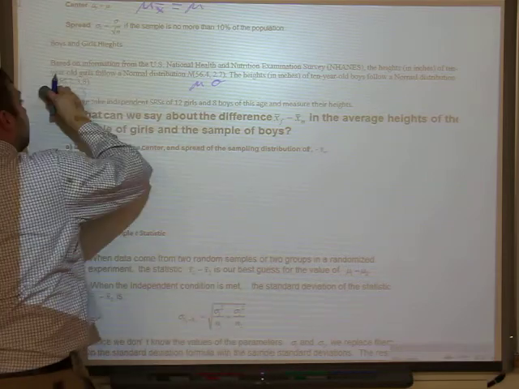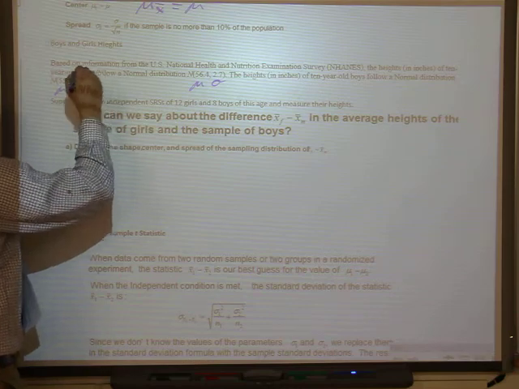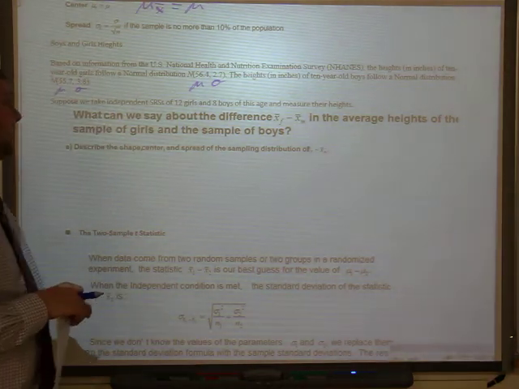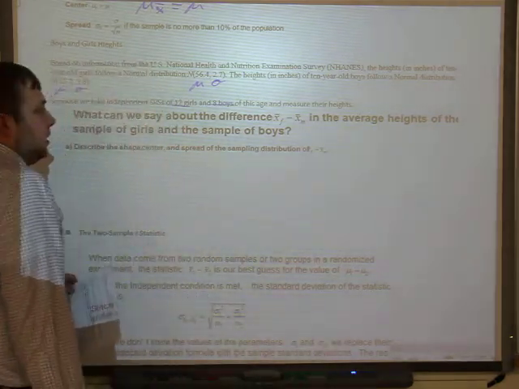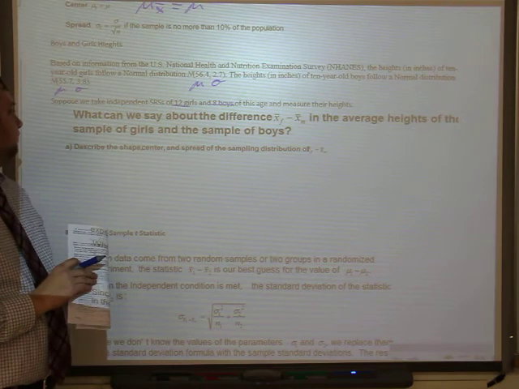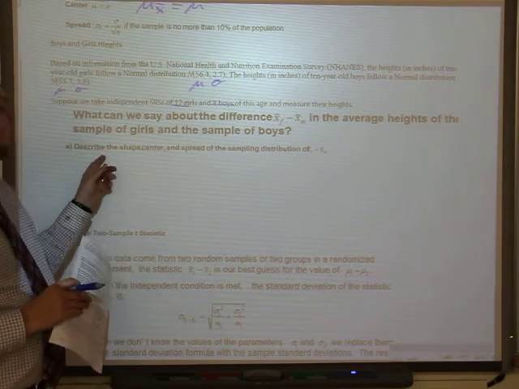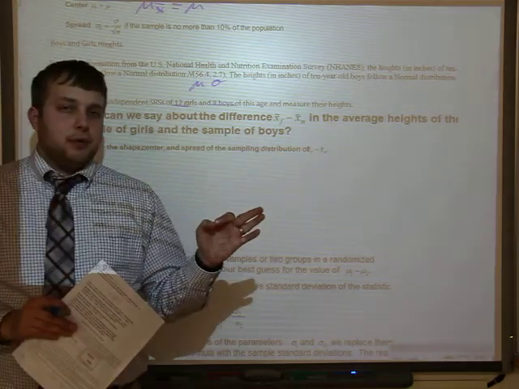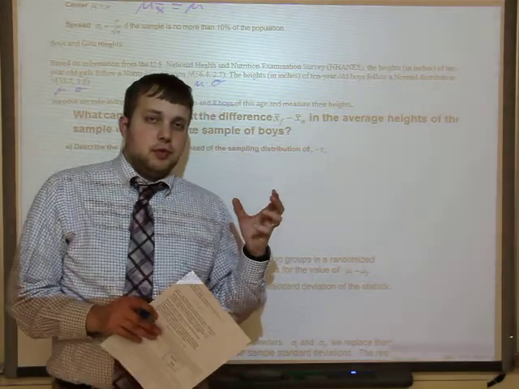Okay, suppose we take an independent sample of 12 girls, 8 boys. What can we say about the difference? Describe the shape, center, and spread of our samples.